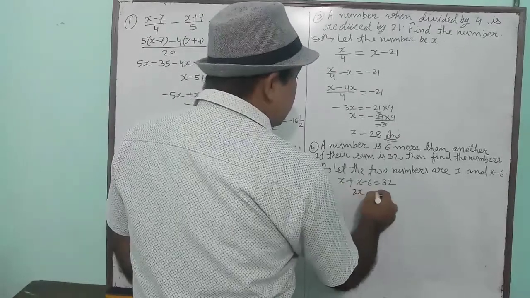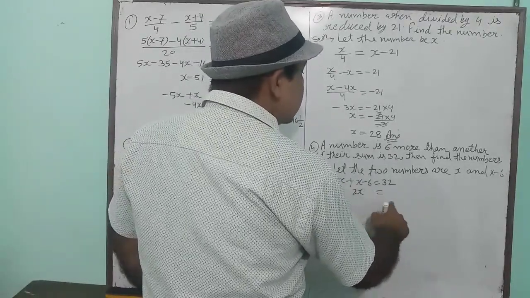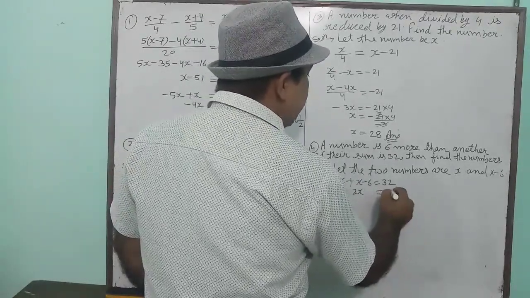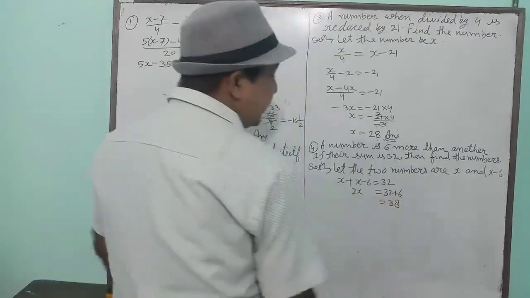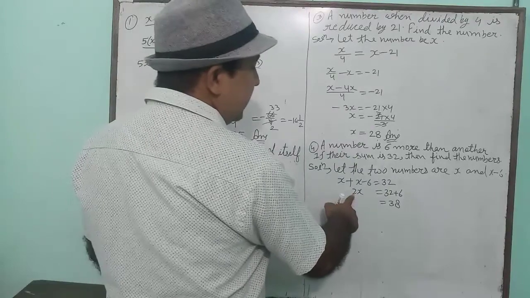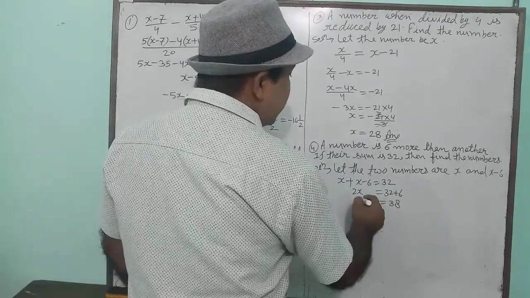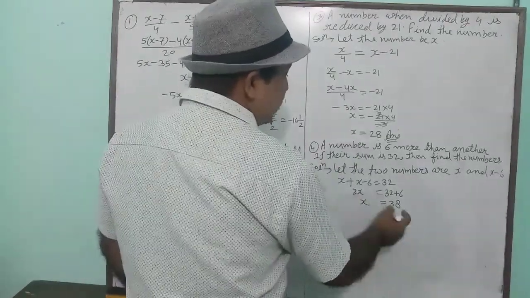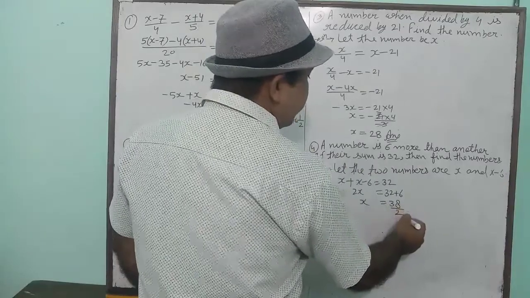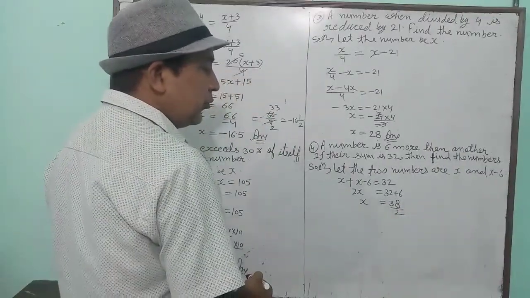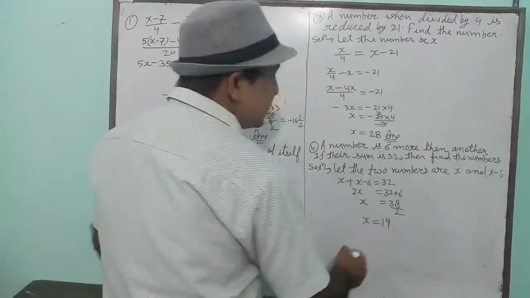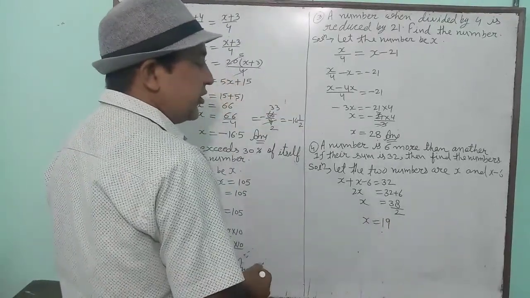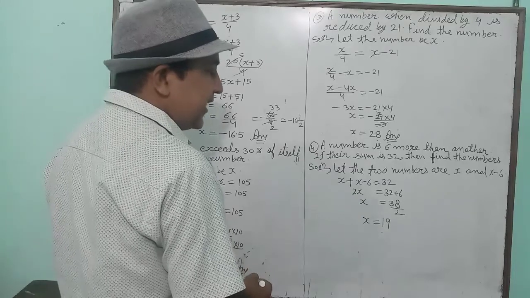x plus x, 2x. When minus 6 is transferred to the right hand side, 32 plus 6 means 38. And from here 2 is transferred to the right hand side, so 38 will be divided by 2. That means your first number is 19, because 38 divided by 2 is 19.